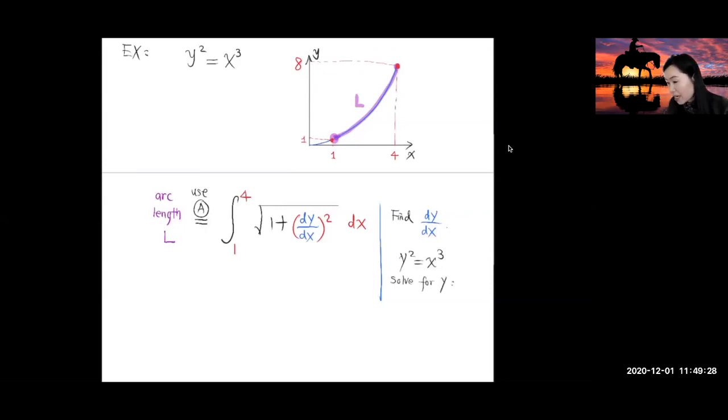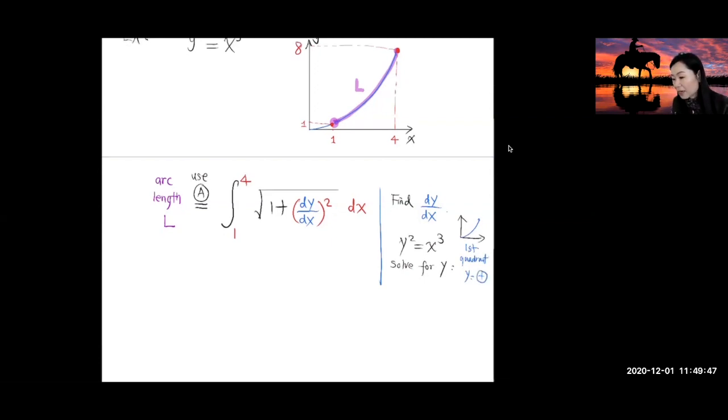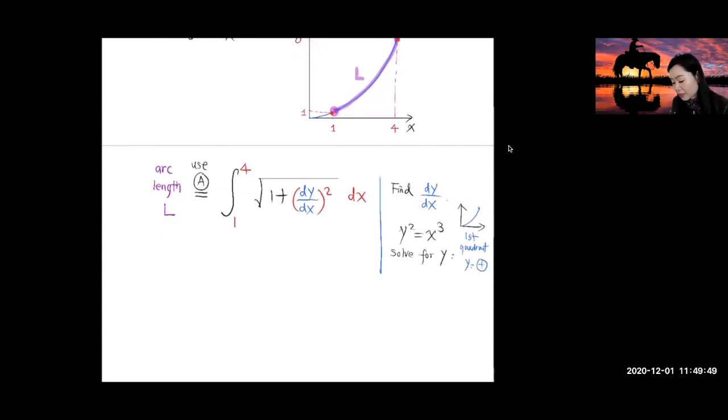To solve for y, remember we are in the first quadrant, right? The graph over here is in the first quadrant, so the y here is positive. So I only take the positive root of this.